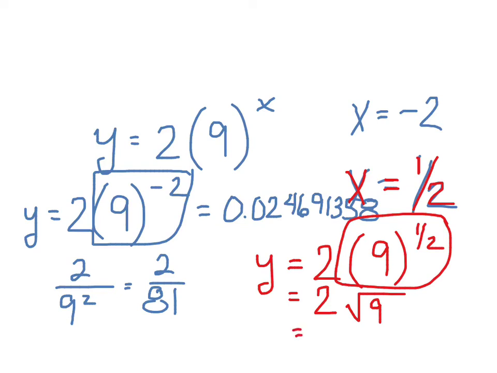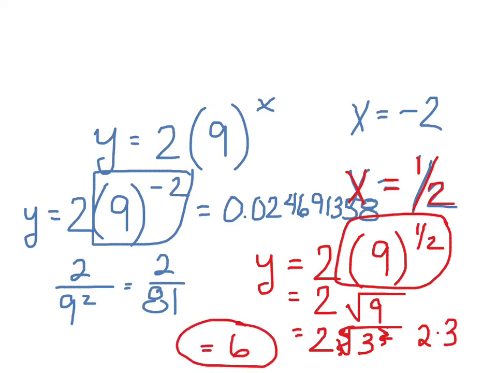What's the square root of 9? No, that's the square of 9. What's the square root of 9? So what times what gives me 9? 3 times 3. If the numbers match, they cancel out. So that leaves me with 2 times 3. What's 2 times 3? 6. So my answer is 6 for the second one.